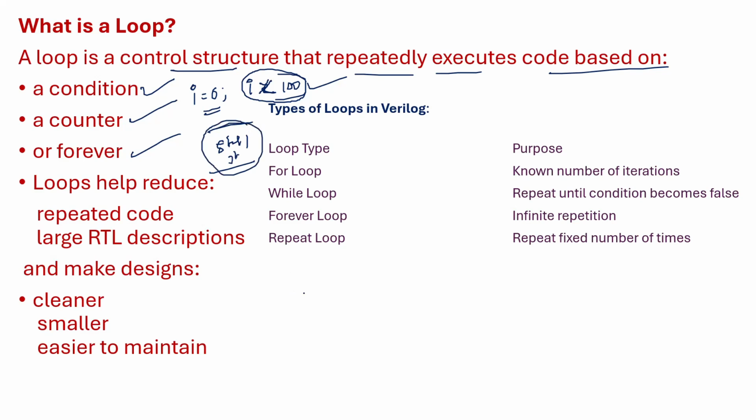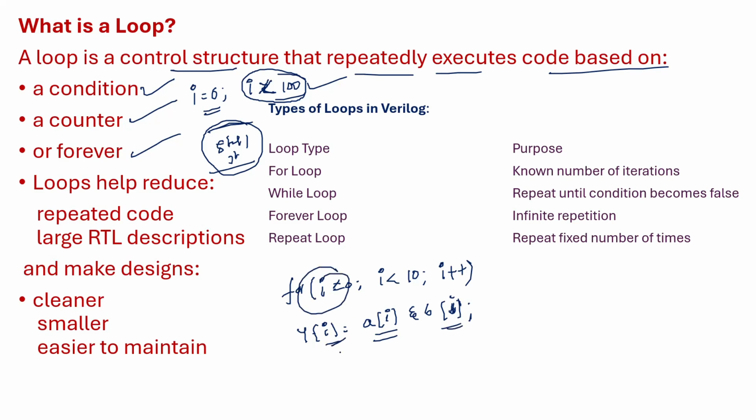Suppose you are going for an AND condition and operation that you want to execute. Suppose i equal to 0, and I want to execute my AND condition 10 times, incrementing the loop, and executing my output y of i equal to a of i and b of i. Why am I considering i here? These i values will take place.